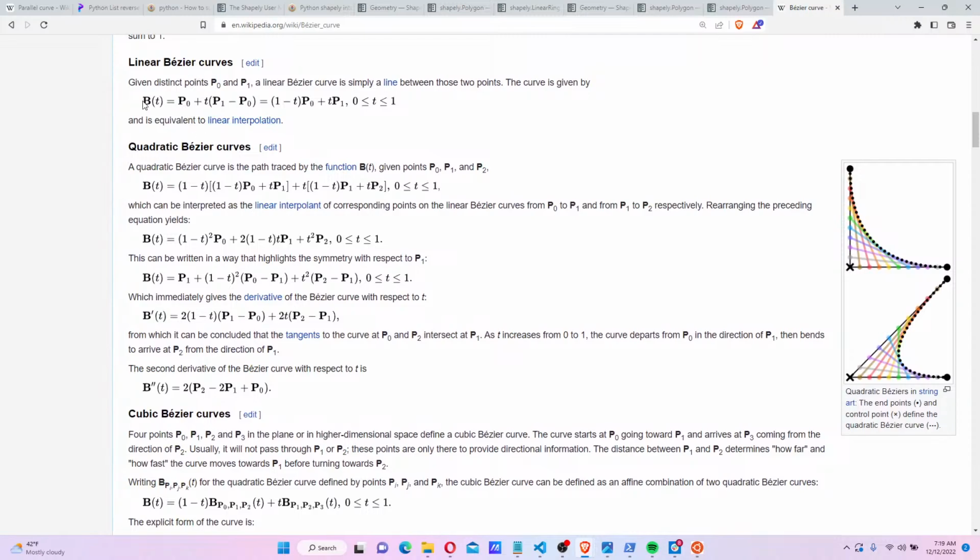This p naught is so x of t equals x naught plus t times x1 minus x naught. Oh, that's linear. Given points p naught, p1, and p2. Okay, so p1's the control point. So that would be x1. So this would be known. Do we know what t is? It doesn't really matter what t is when it passes through.